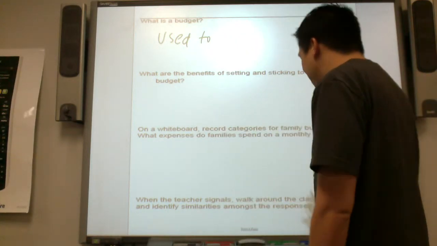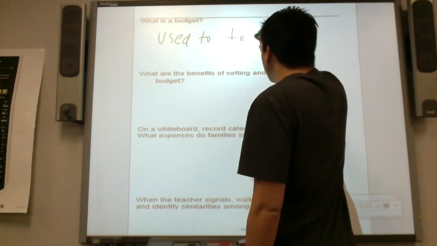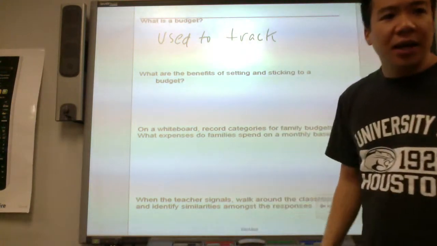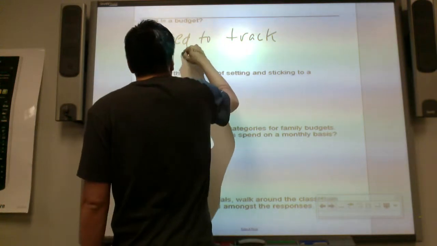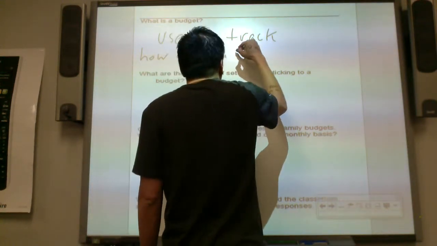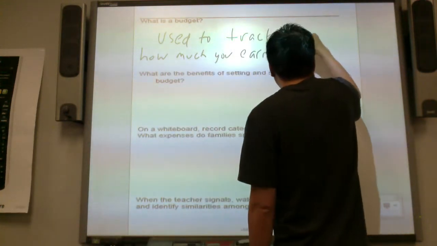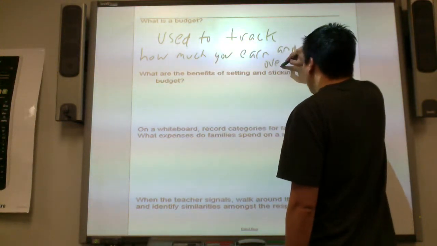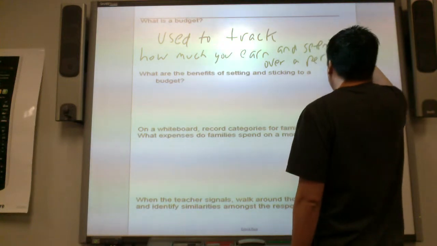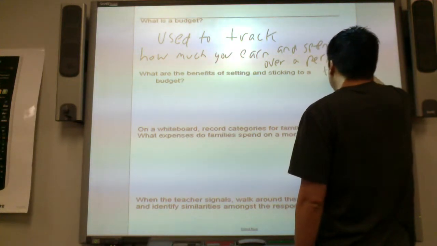So what is a budget? It is used to track how much you earn and spend over a period of time.